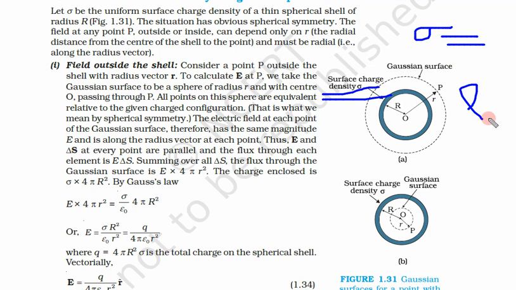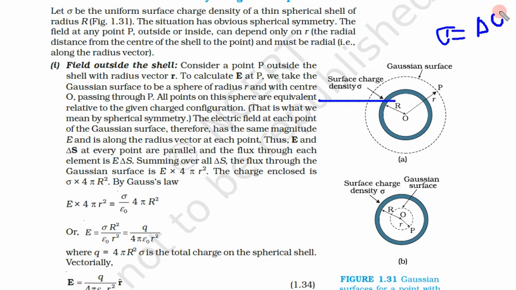It does not have any volume, it has only surface, so we will consider only sigma. This is the surface charge density sigma, which is simply delta Q, that is, charge upon surface area.